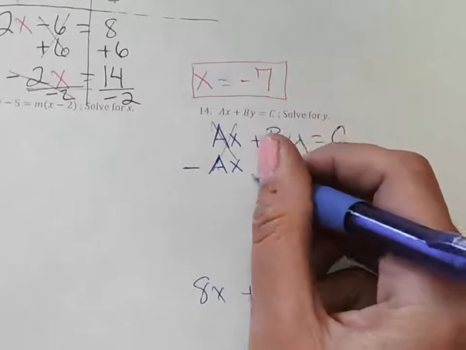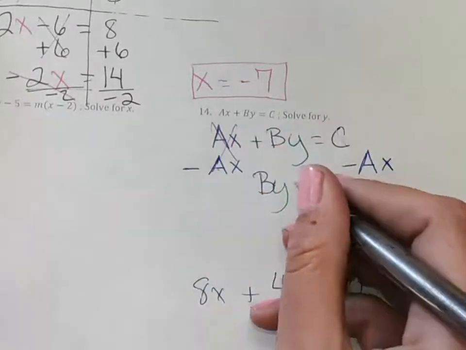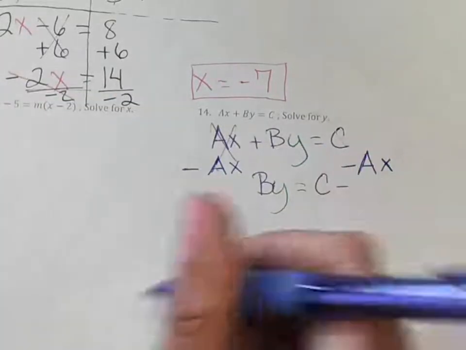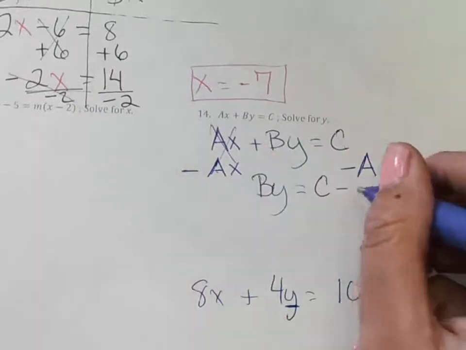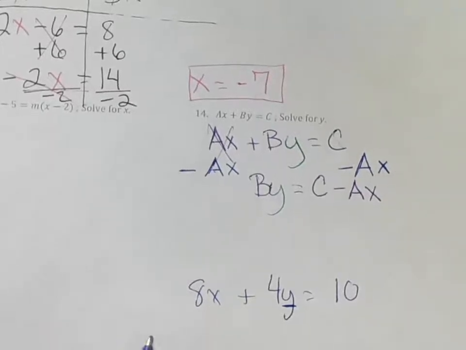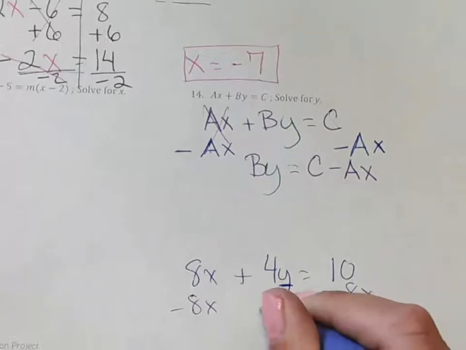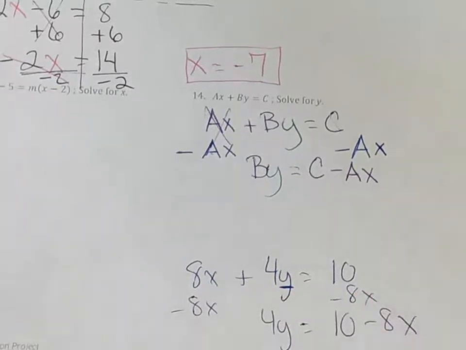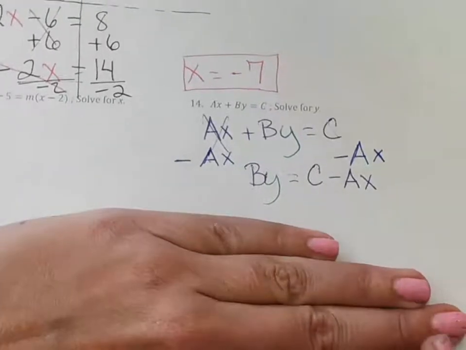So on this side, I just have b times y equals c minus ax. If you're doing it, then subtract 8x from both sides. So you'd have 4y equals 10 minus 8x. I don't know, that might not be helping. If this is not helping you, just ignore it.